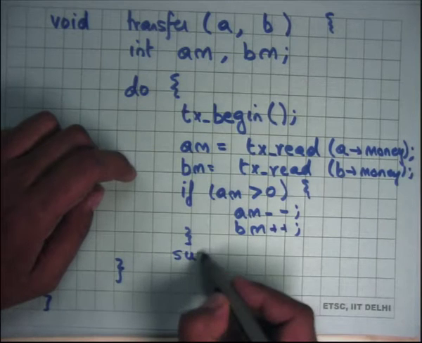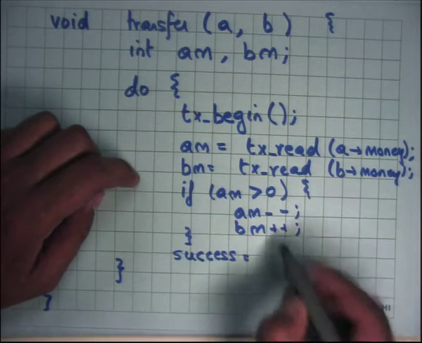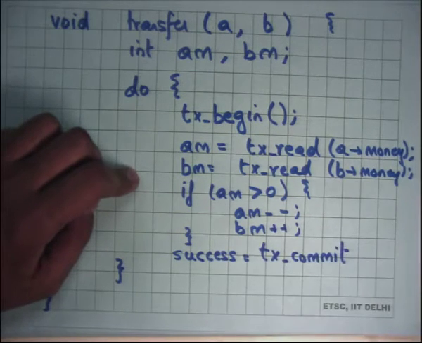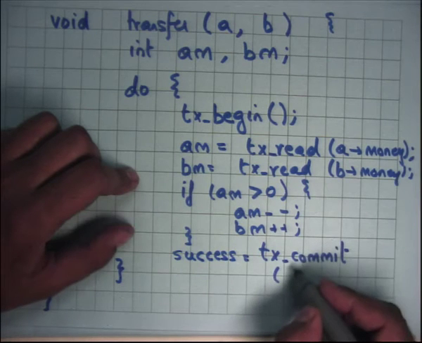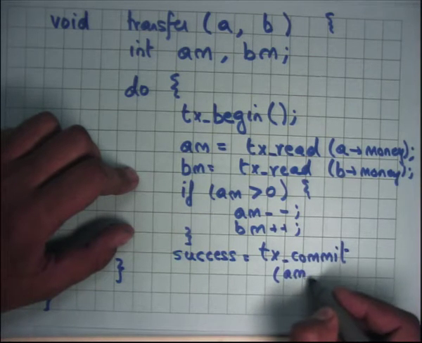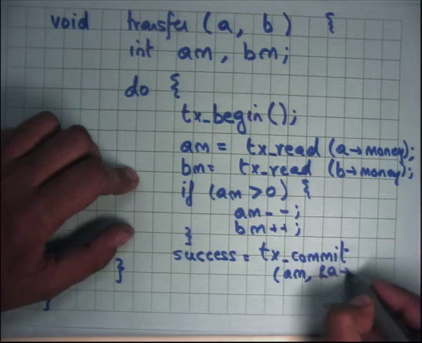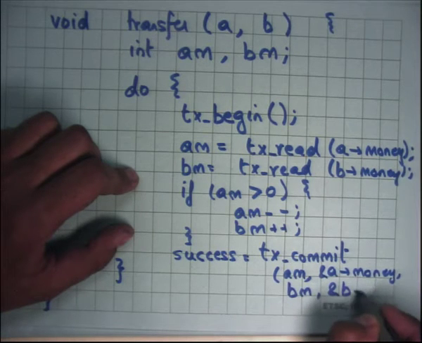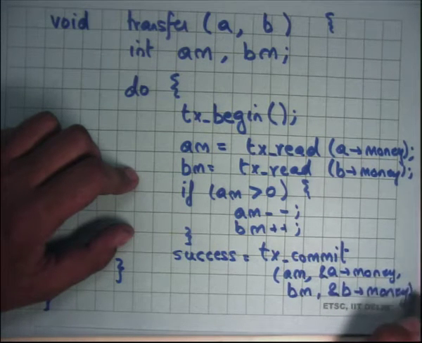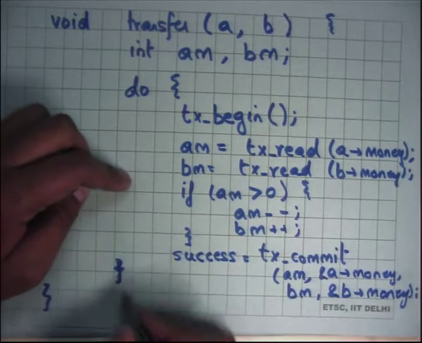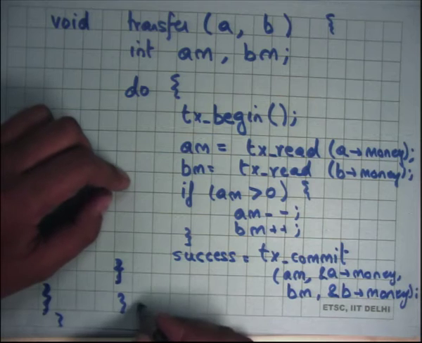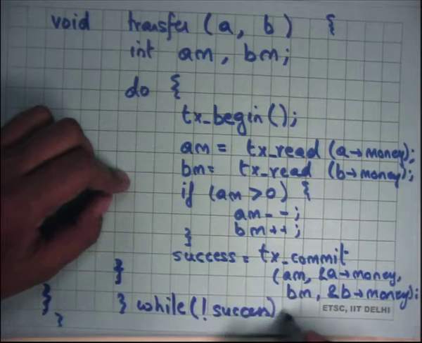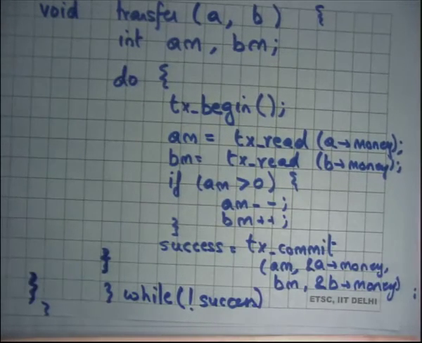And finally, I will try to commit the transaction, and in the commit, let us say I can give arguments which say write AM, the value AM to A dot money, and the value BM to B dot money, right, and I do this while loop till I succeed. All right, so let us see what is happening.